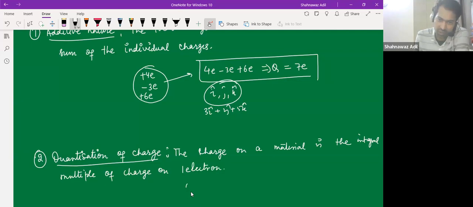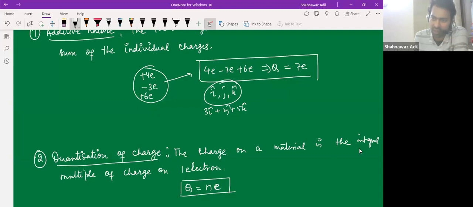Which means that the total charge is the integral multiple of one element. This is the quantization of charge, right? Quanta means that this e is one quanta, and total charge is just the integral multiple.